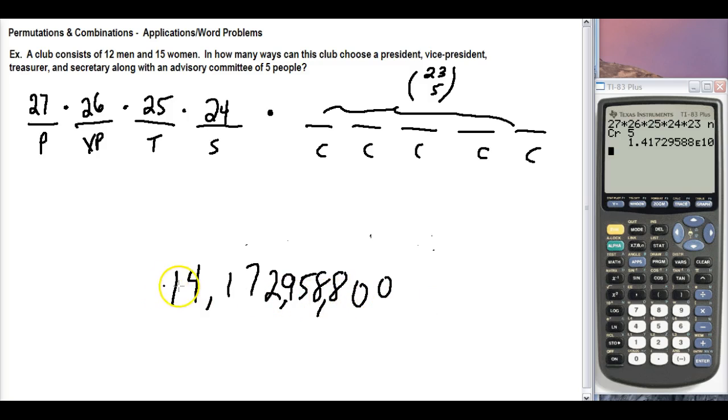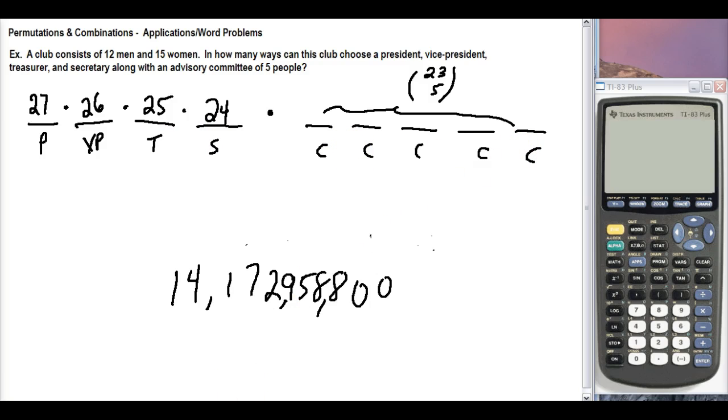And so that's actually 14 billion 172 million 958,800. So that's how many different ways we can select the president, vice president, treasurer, secretary, and 5 committee members. A lot of different ways.